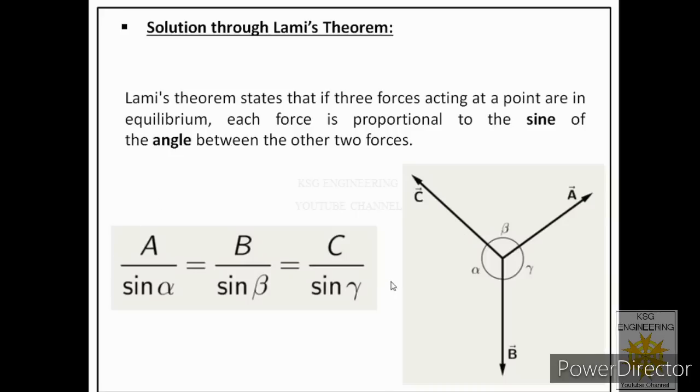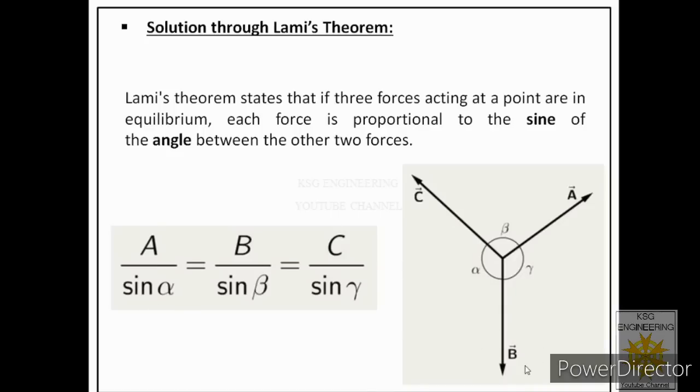So it is similar to the formula which we learned in triangle law of forces. So we call it as sine rule as well. Fine. So what is it? Let me again explain. So if we pick first force, then we have to divide that force by the sine of the angle between the other two forces. So for A, other two forces are B and C. So that is alpha. So that is why over here A is divided by sine alpha.